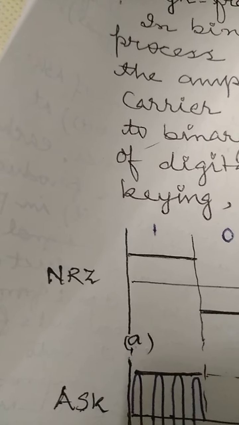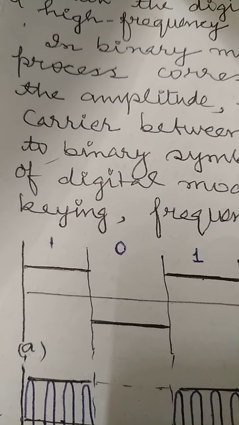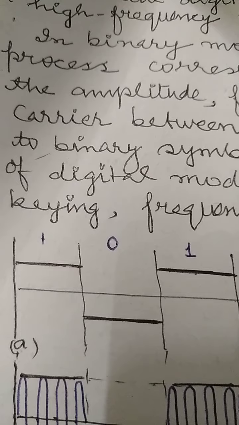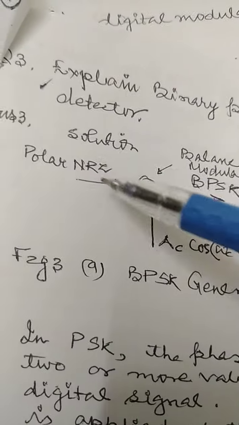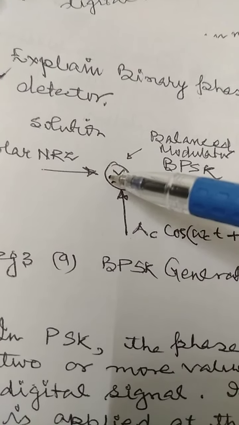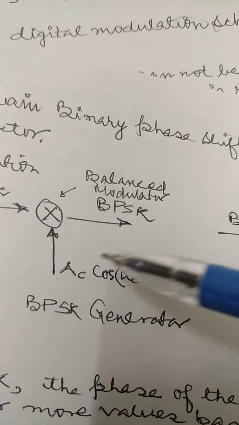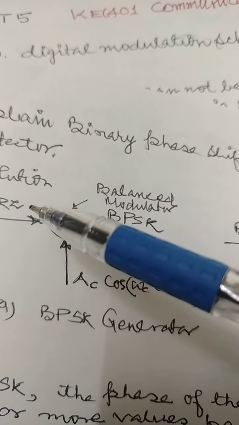Okay, for logic 1 a plus pulse is representing, and for logic 0 a minus pulse is representing. So this is a non return to zero signal. Here you see this non return to zero, bipolar non return to zero we can say, has been used, and here the carrier signal is to be applied for logic 0 and logic 1.